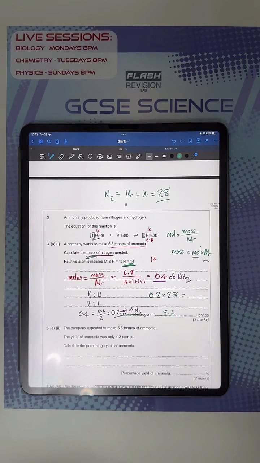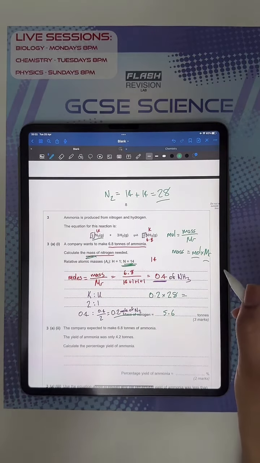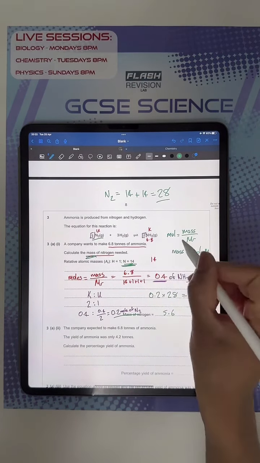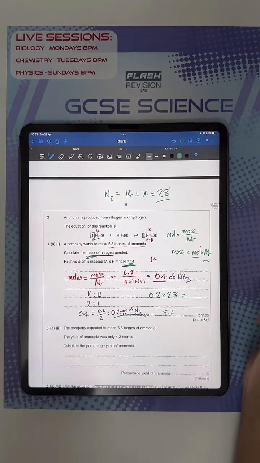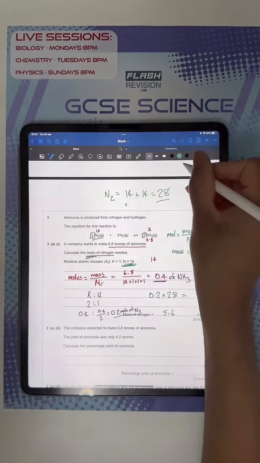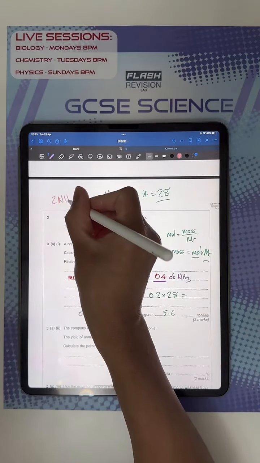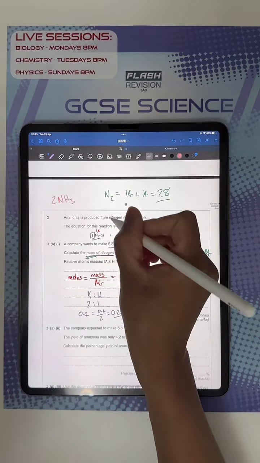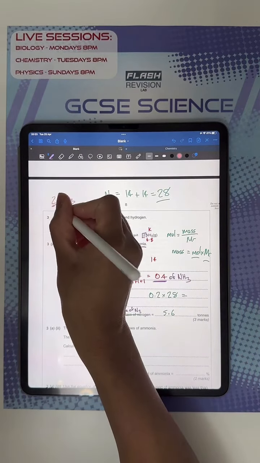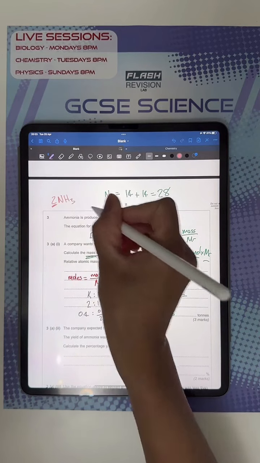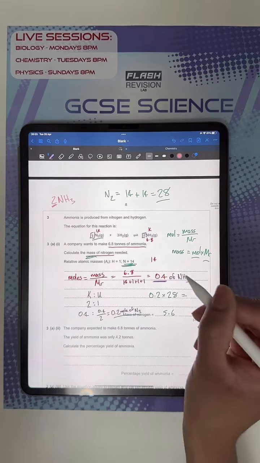All right, good question. Someone asked, because there's a 2 in front of the NH3, would you not do times 2? If you want to work out the Mr of NH3, you don't include the big numbers. You only look at the small numbers, so only this 3.